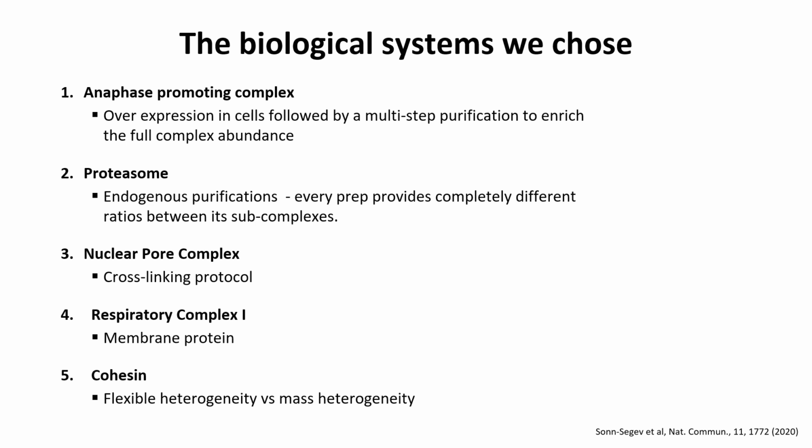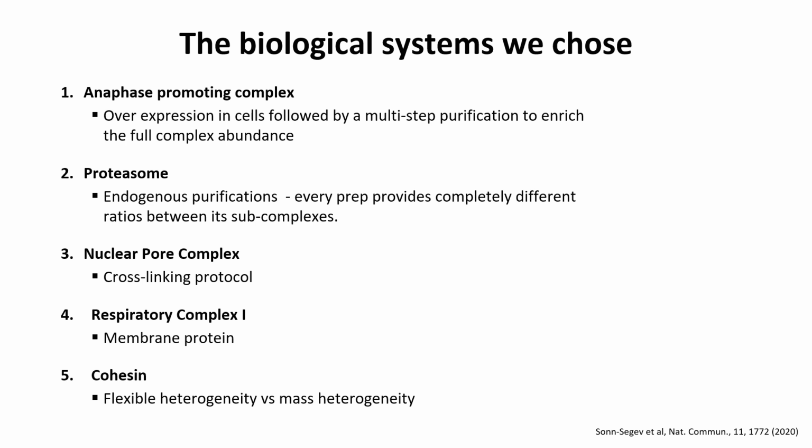The first system is Anaphase promoting complex, which is overexpressed in cells, followed by a multi-step purification to enrich the full complex abundance. Here we will show how we followed the full purification and could detect which sample is better, and how it can be used to prioritize and optimize your protocols.